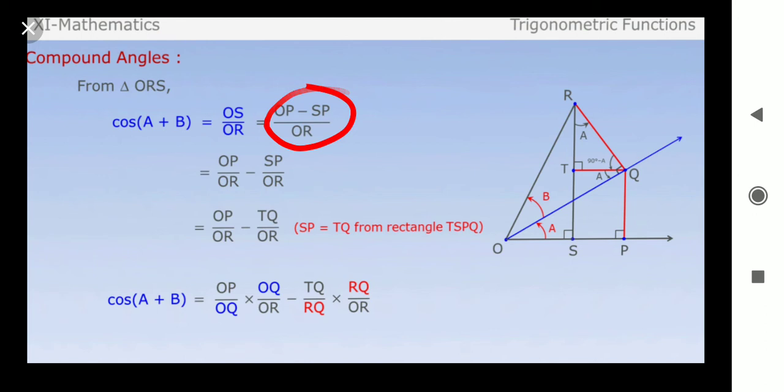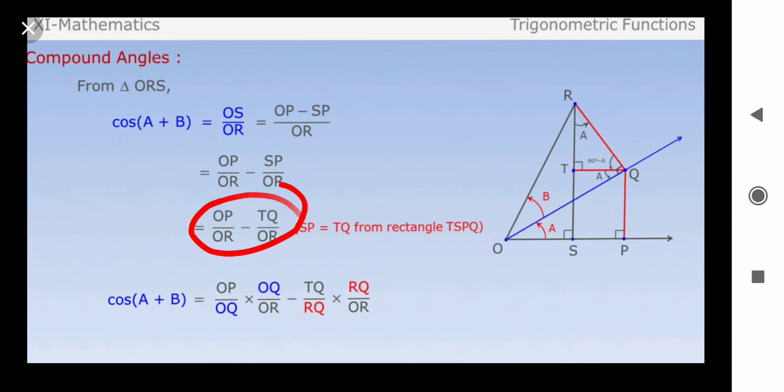Now do separate division: write OP by OR and SP by OR. Again OP, but here I have made a change. In place of SP I have written TQ. SP and TQ, both are the same thing, no? So I have written it like this.